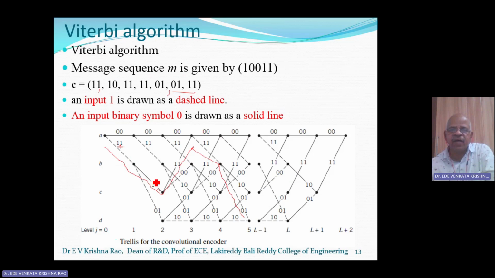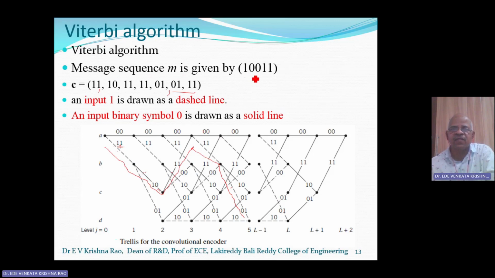If you take this path, what happens? This is a solid line, dashed line, solid line, dashed line, dashed line. So 1, 0, 0, 1, 1.